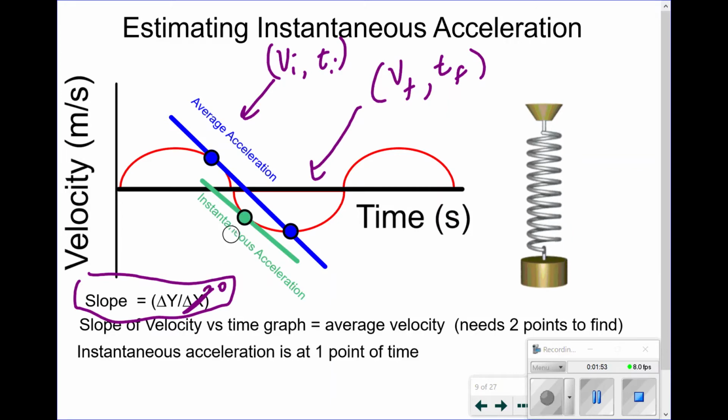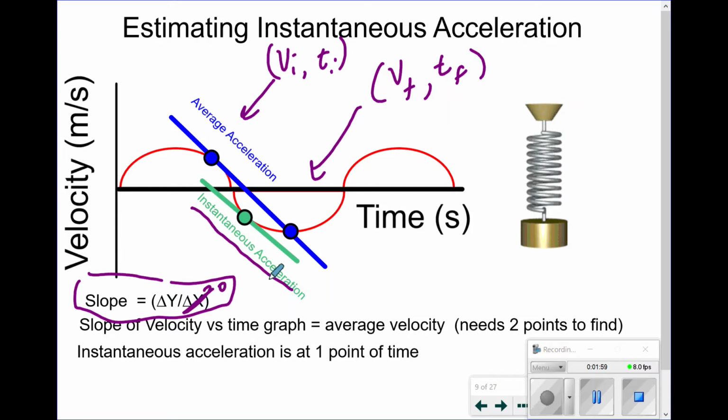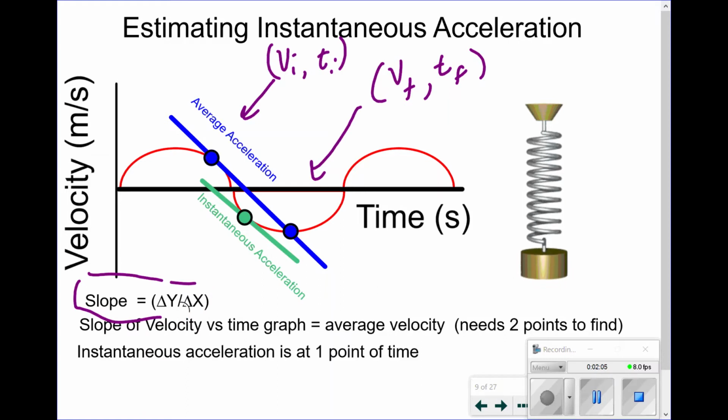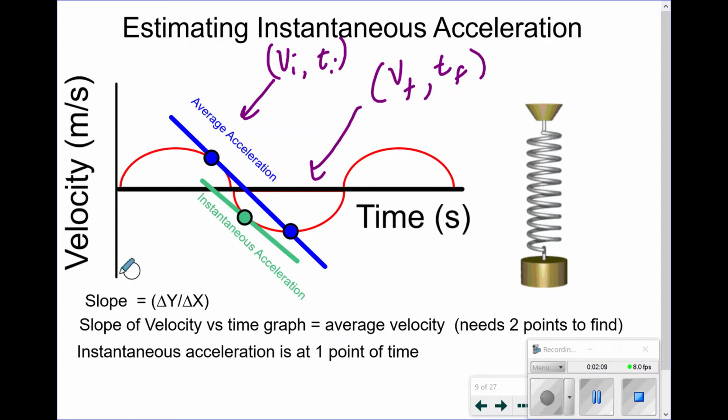Please note we call the acceleration off of the slope off of this graph the instantaneous acceleration when it's at a single point. Now, this is not a calculus-based class. We are not going to be using any calculus whatsoever, at least not unless you want to do it on your own. However, we should be able to estimate at least what the instantaneous acceleration is going to be based off of the pattern that we have on the graph.